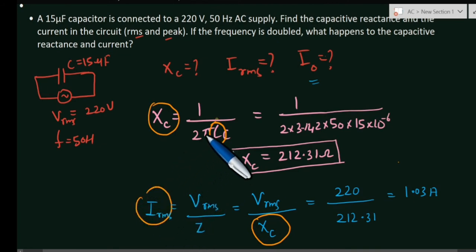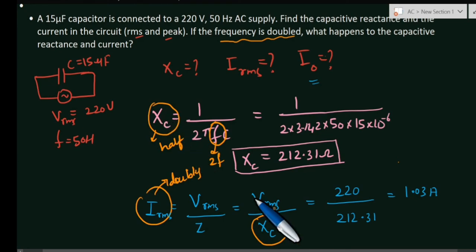We can conclude that if the frequency is doubled, then XC becomes half, and the current also doubles, because IRMS and XC are inversely proportional.